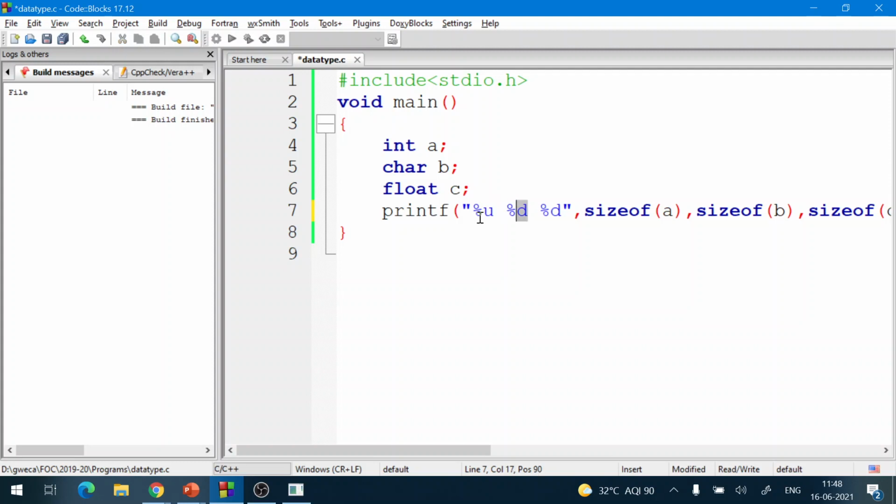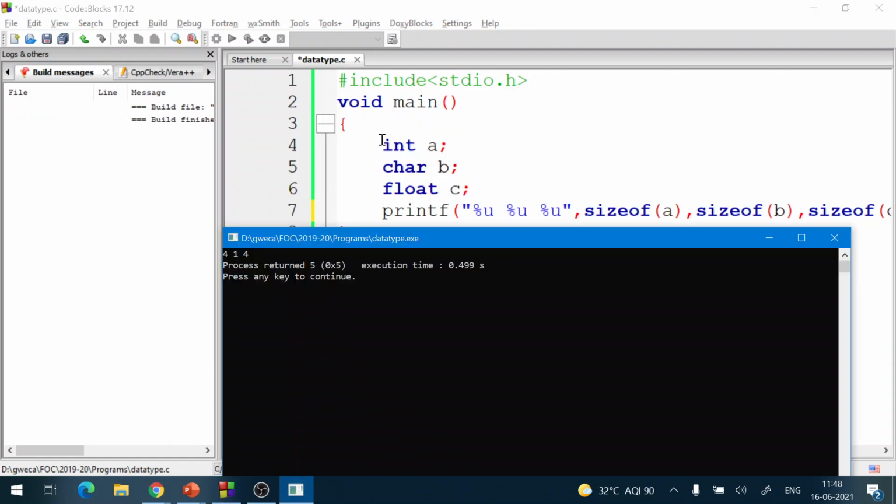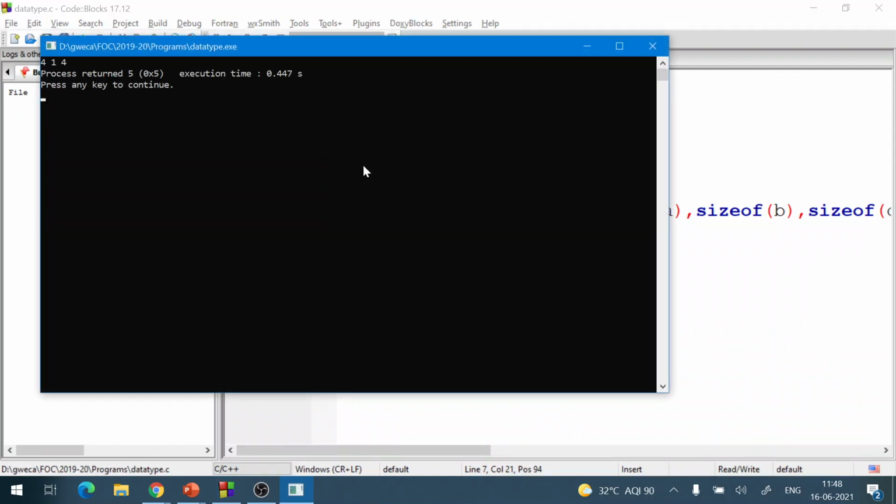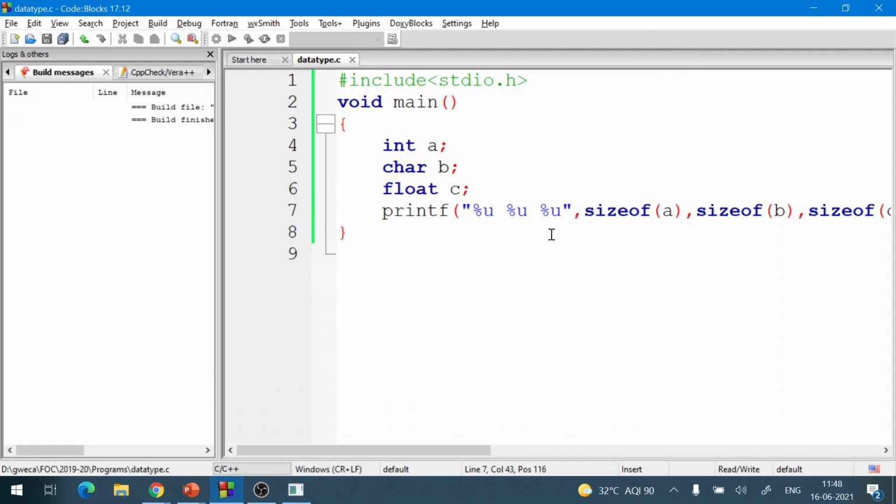Since it is a size, it is unsigned also. The size is always unsigned, so we can also use %u, because %d is for integers and %u is for unsigned numbers. Although since the answer is very small, %u and %d do not make any difference, you can remember that we can use both of them.